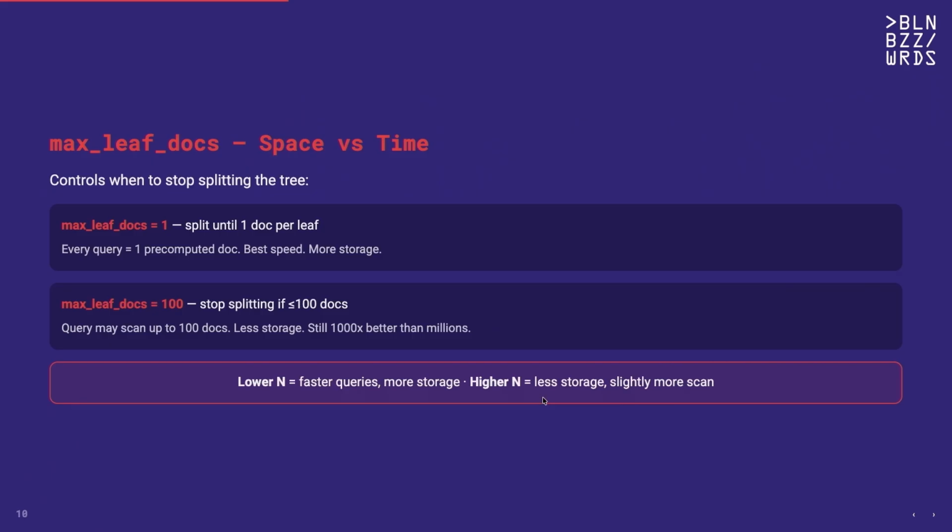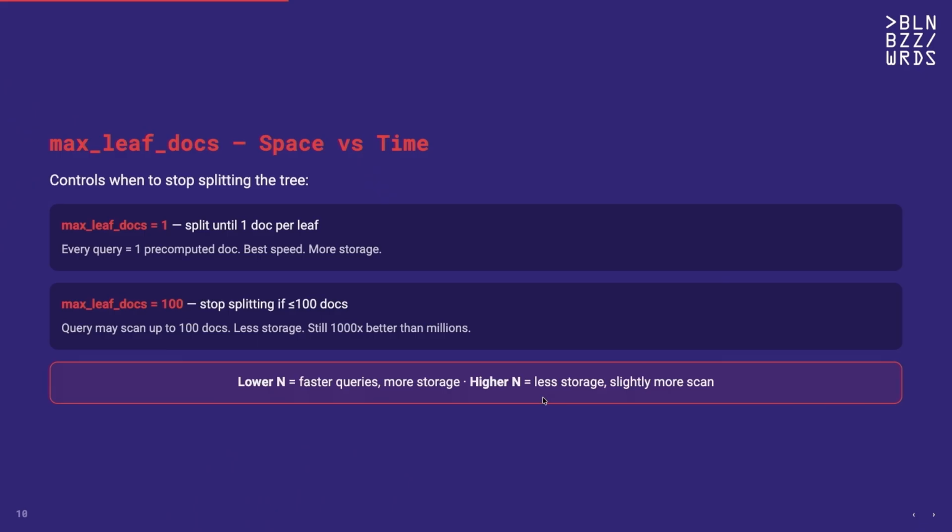So every query would just go to one pre-computed doc, and this would be the fastest because for every query we would just have to make one read. But this will have more star tree nodes and hence more storage. So if max leaf docs is 1, it will have the best performance, but the storage will also be higher.